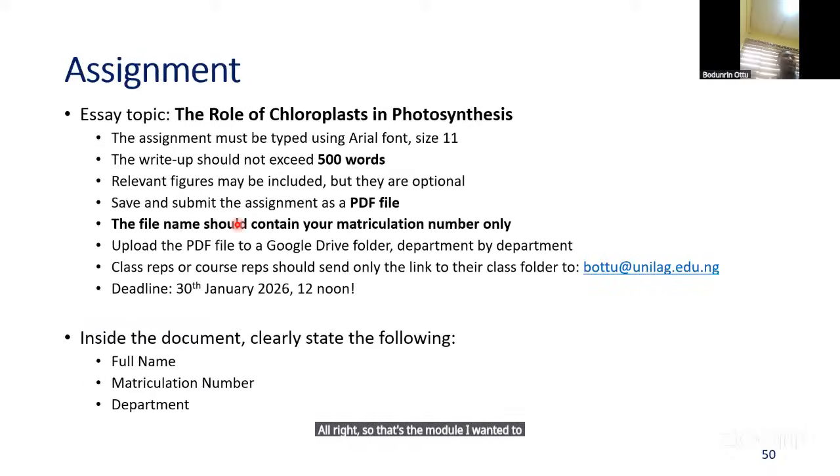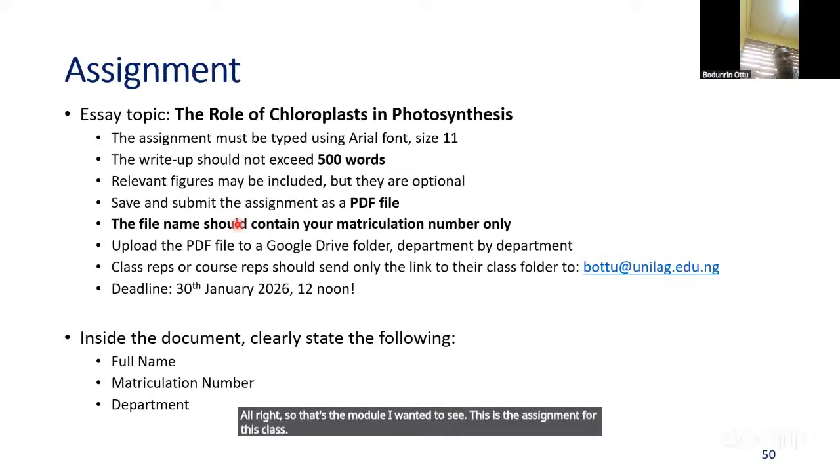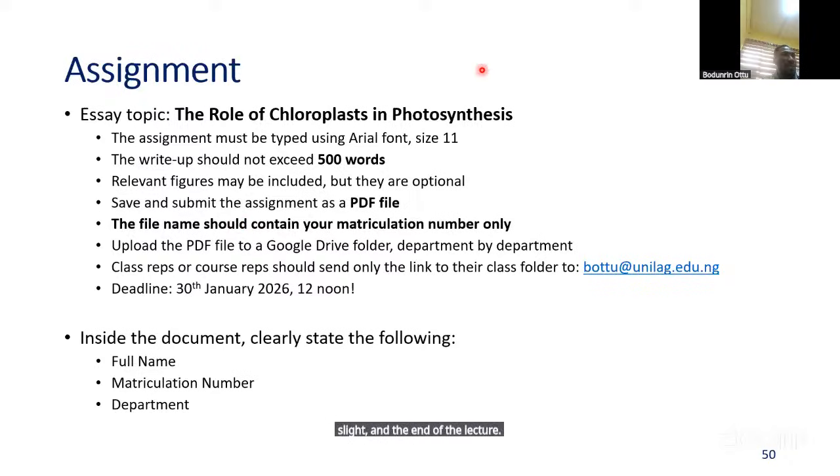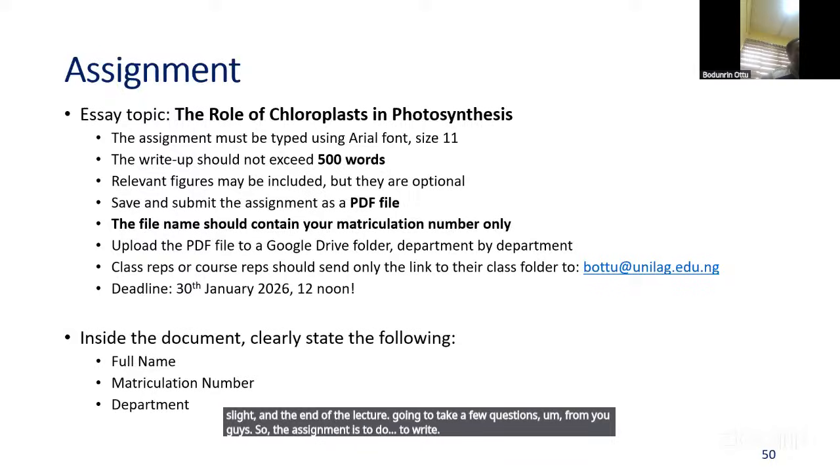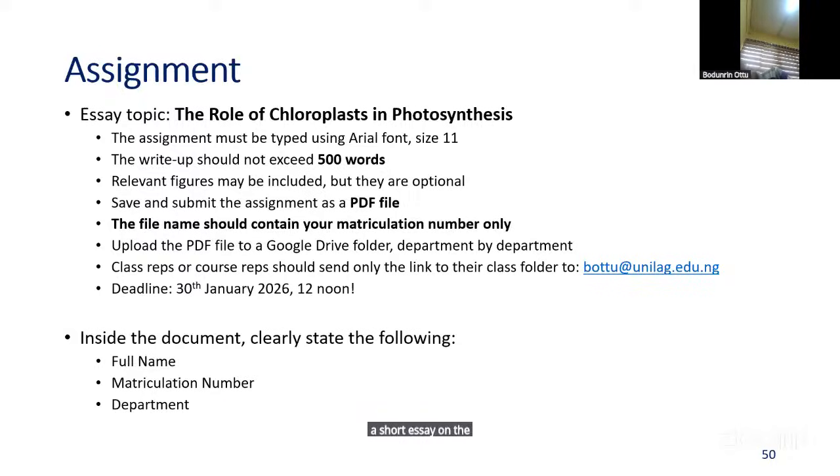This is the assignment for this class, and that brings me to my last slide and the end of the lecture. I'm going to take a few questions from you guys. So the assignment is to write a short essay on the role of chloroplast in photosynthesis. I want you to include what happens in the light reaction and the dark reaction briefly, and the structures of the chloroplast.